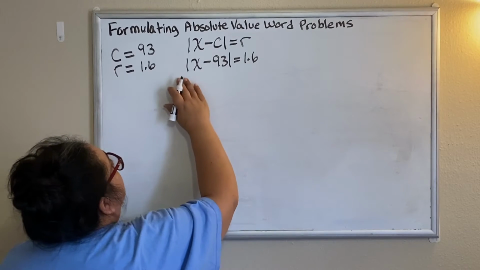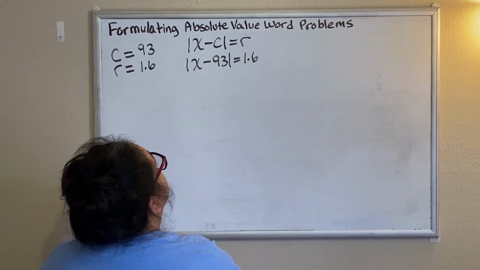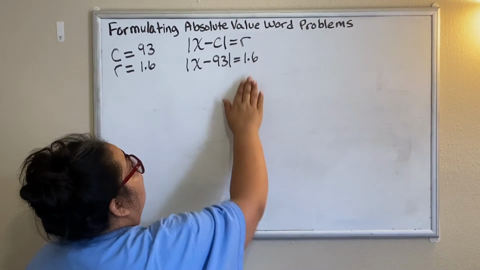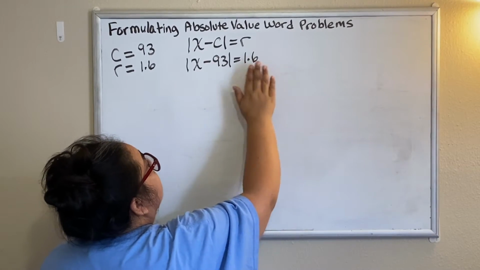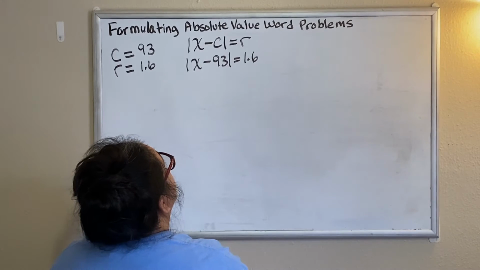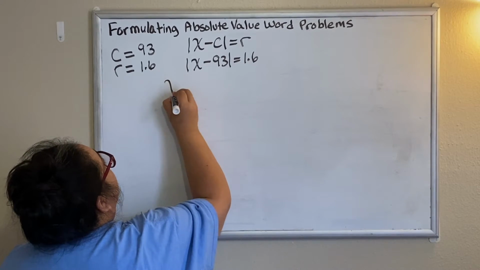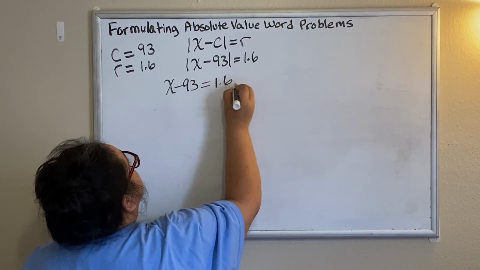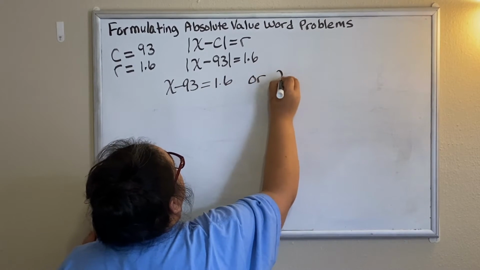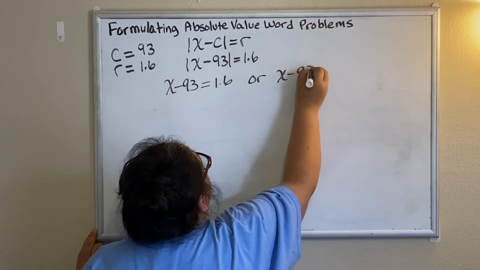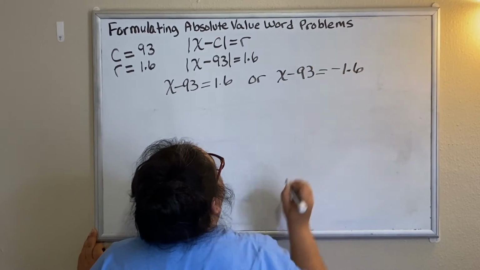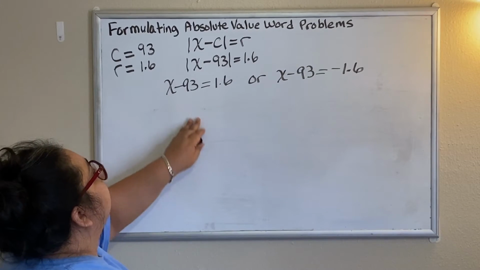Now that we have this set up, we want to write two equations, one where 1.6 is positive and one where 1.6 is negative. So we're going to say x minus 93 equals 1.6, or x minus 93 equals negative 1.6.